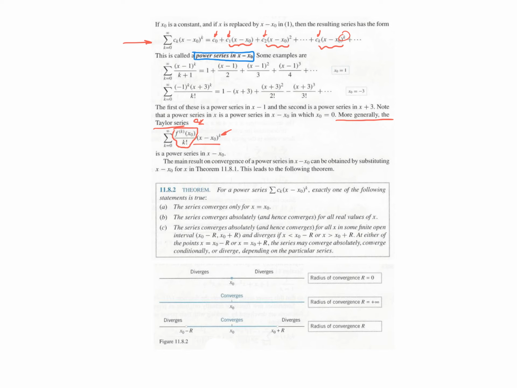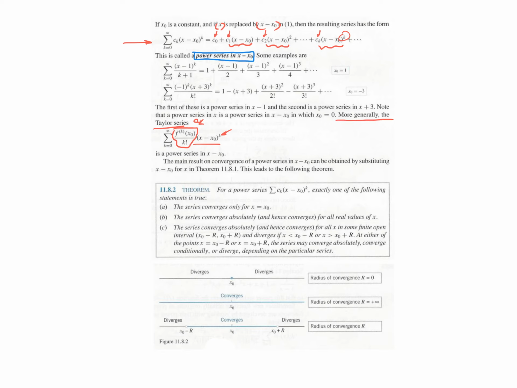It's kind of like substituting x minus x sub 0 into the power series in x. Oh, it actually says it right here. If x is replaced by x minus x sub 0, then you get your power series in x minus x sub 0. So theorem 11.8.2, same idea.